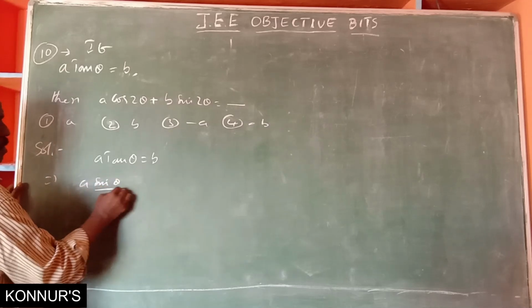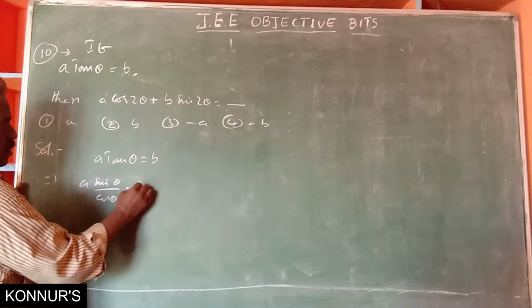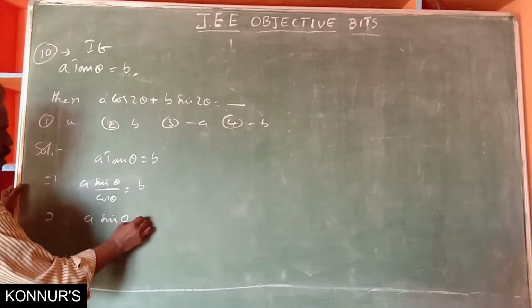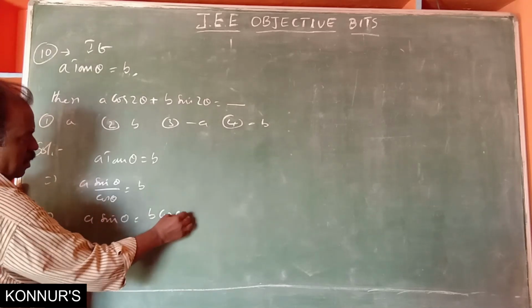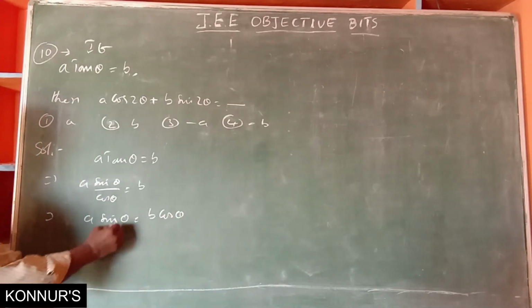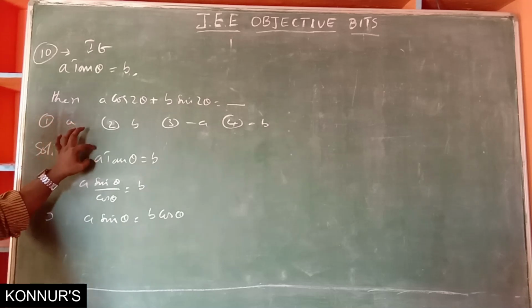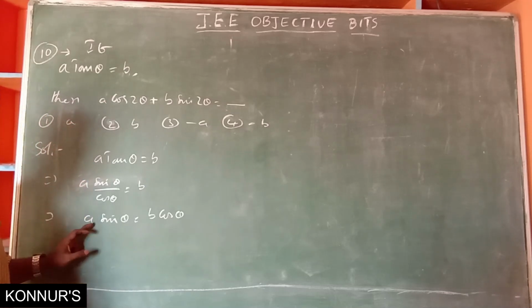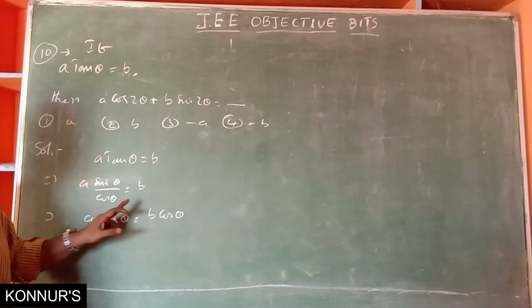a sin theta by cos theta is equal to b. It is a sin theta is equal to b cos theta. So from the given data we come to this result: a sin theta is equal to b cos theta.